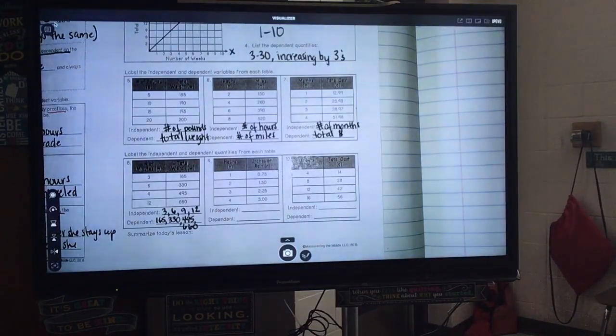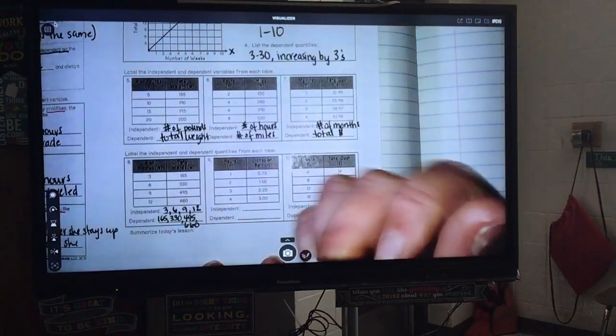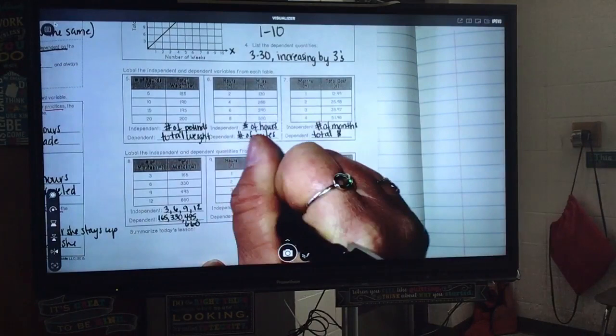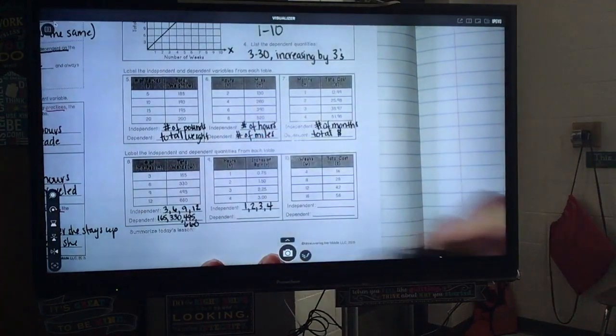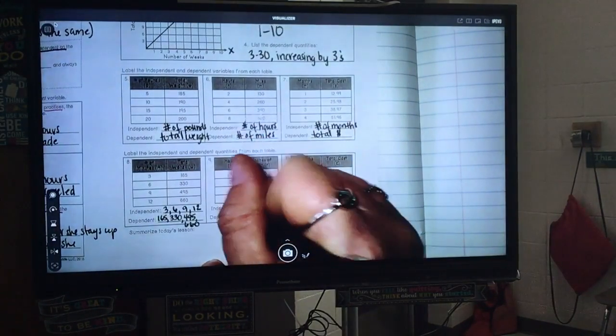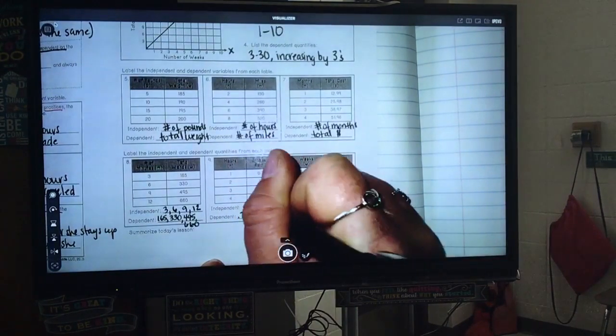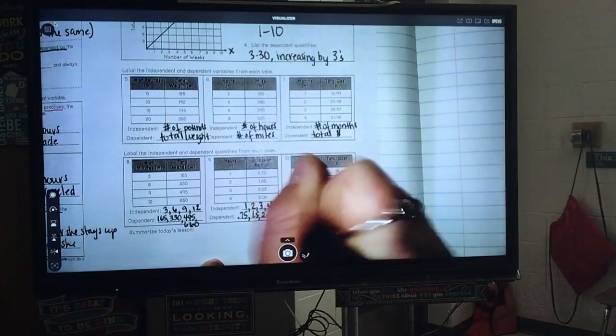So what represents the independent variable? Okay, what represents the dependent variable? Alright, with that being known, yes, you are correct. It is 1, 2, 3, 4. And then obviously our dependent is 75 hundredths, 1.5, 2 and 25 hundredths, and then 3.